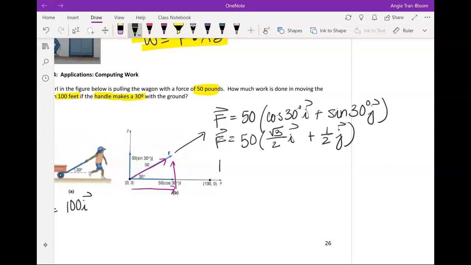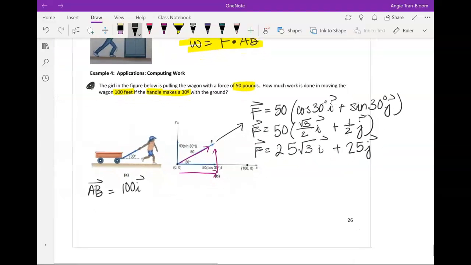We will simplify this out, which is 25 root 3 in the horizontal direction plus 25 in the vertical direction. So we have the force vector, and we have the AB vector in essence.